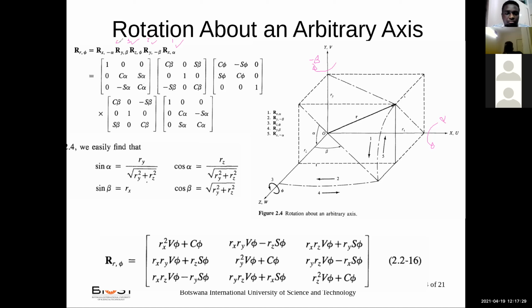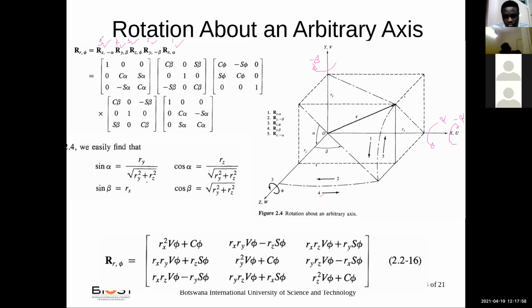It's the fourth rotation, because by the right-hand rule this is positive, because your thumb is going up. Then when you go up, it's the other way around, a negative alpha. That's the fifth rotation.